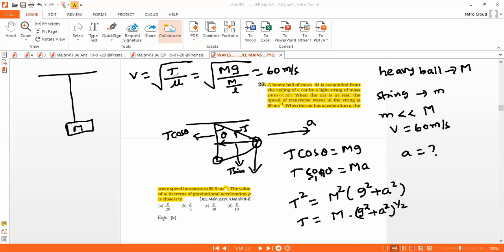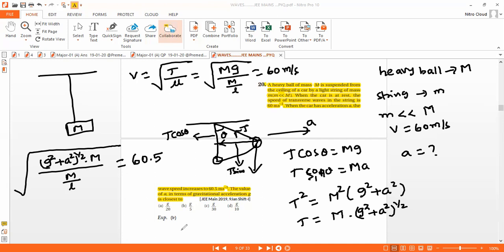We'll substitute here instead of T. That is under root of (G square plus A square) whole power half into capital M by M by L, that is equal to 60.5.